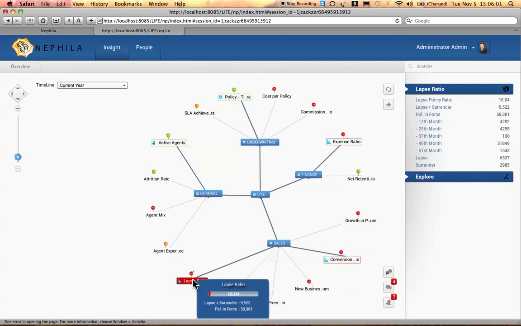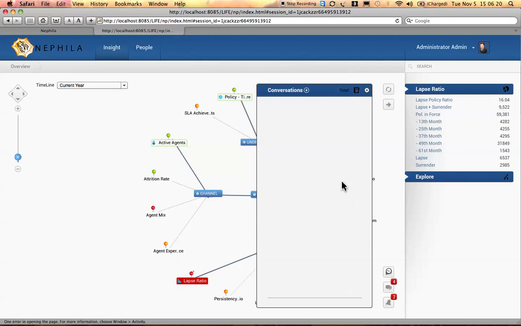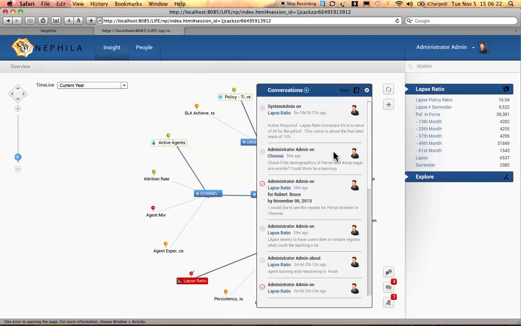So when I found that my lapse ratio was low, I was in a position to understand from Nephila a whole bunch of metrics and data points with respect to lapse ratio. I was able to talk to individuals within my group and organization.